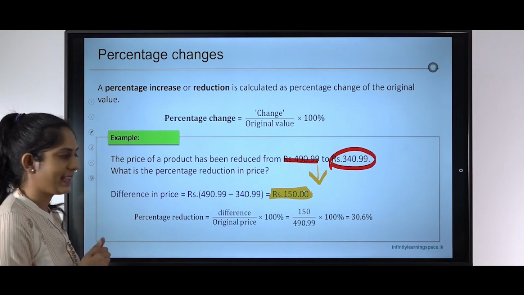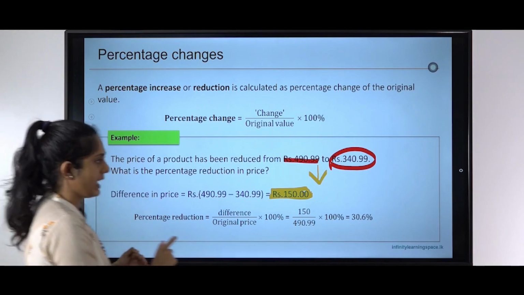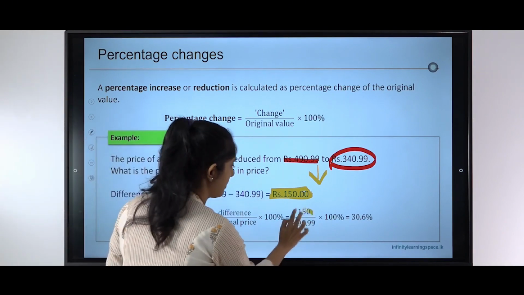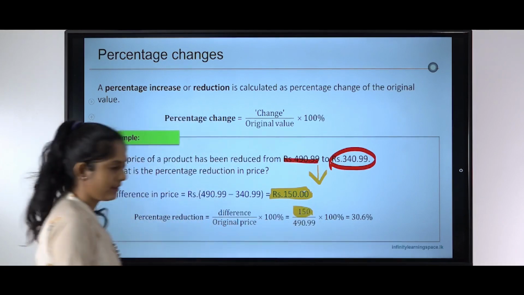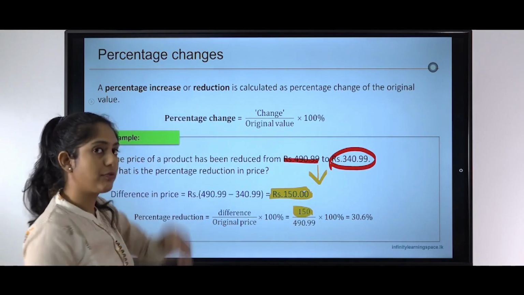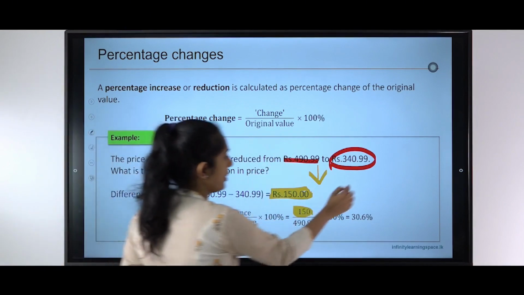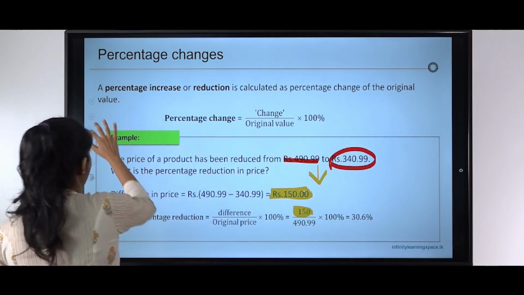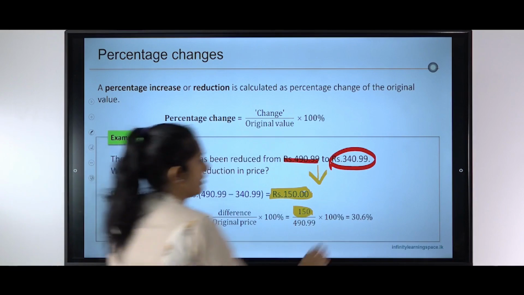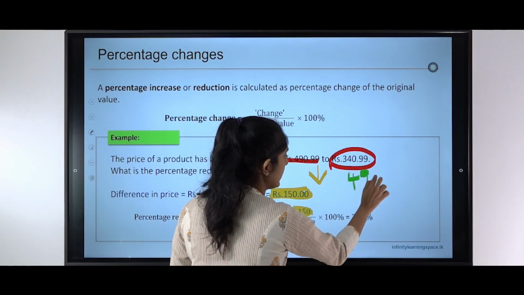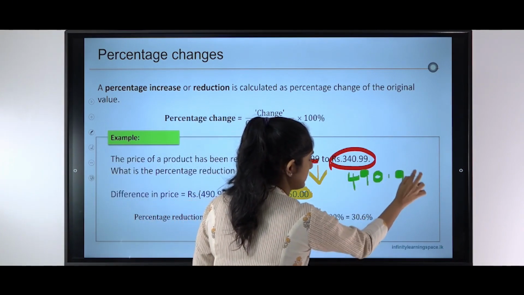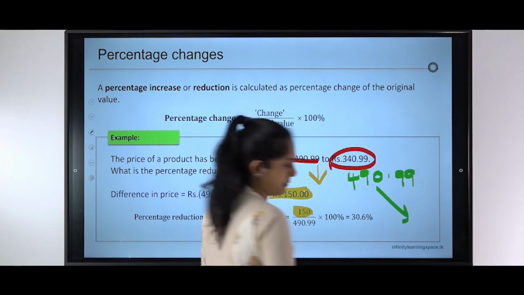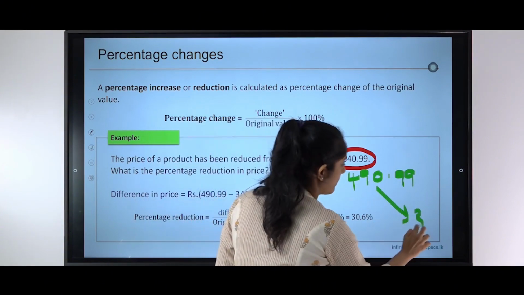So the percentage change is, take the reduction, that change of 150, right? 150 reduced from where? From 490.99, it dropped down to 340.99.